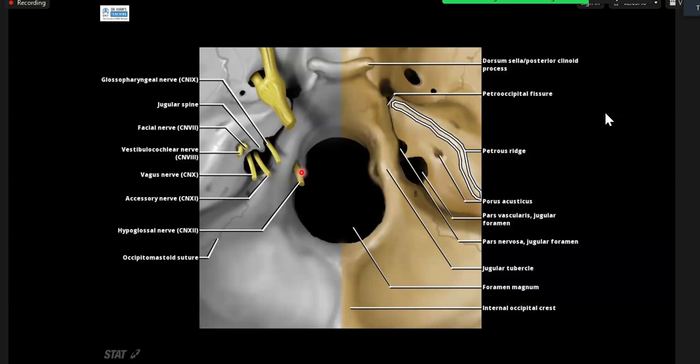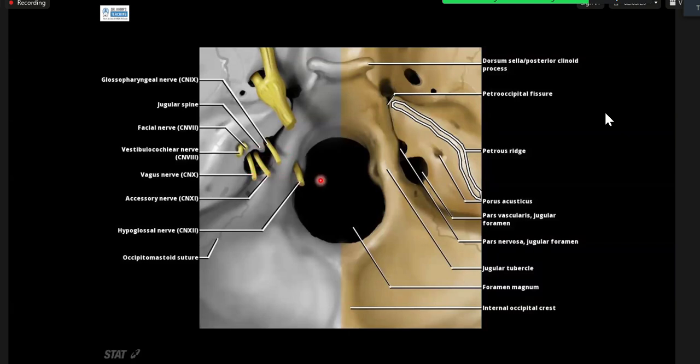We will learn the anatomy of the hypoglossal canal next time. As soon as it passes into the neck, it goes into the carotid sheath. So it goes with these nerves.